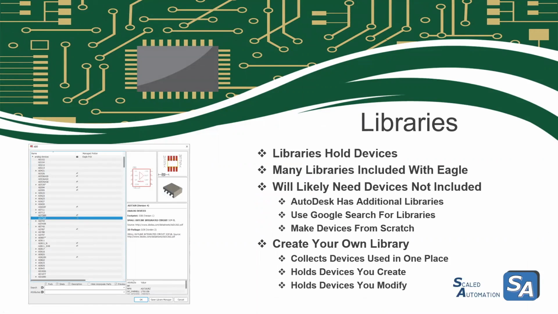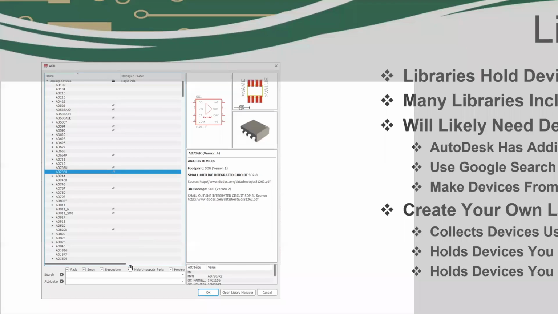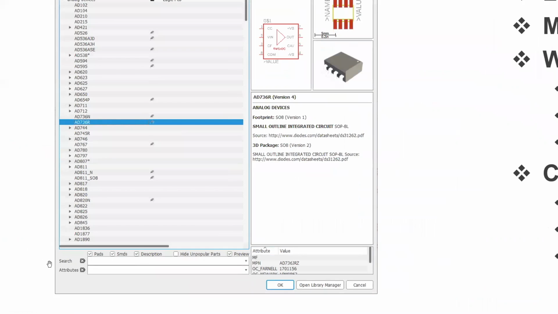So many libraries are included with Eagle. It comes with a lot of stuff. And when you first start, it's going to be very challenging to find anything. Let me go ahead and show you right now because we were there. Down at the bottom, there's a search field that you can put in and attributes.